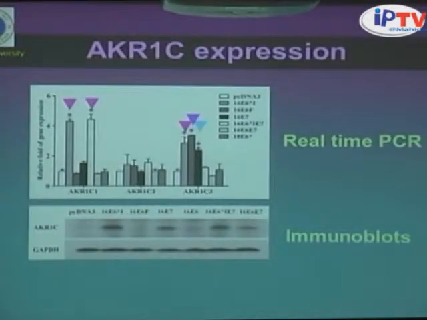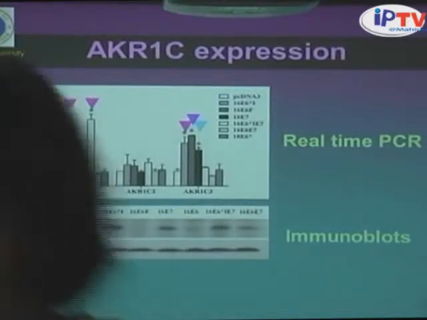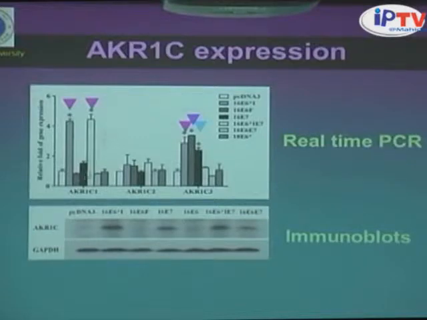Now, before we move ahead, we have to confirm that AKR1C1 is the real target of the E6 star protein. So we confirmed this result again by using real-time PCR, and we found that C1 is increased by the virus protein. This experiment has been done in stable cell lines that we developed.